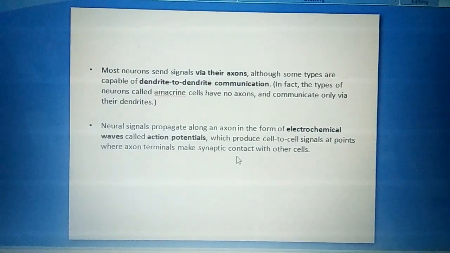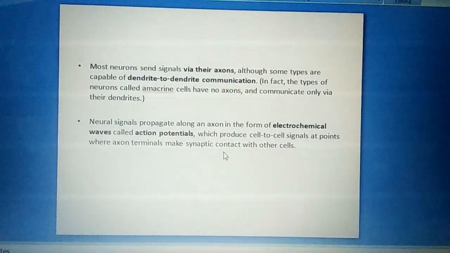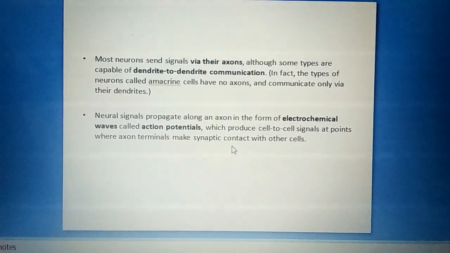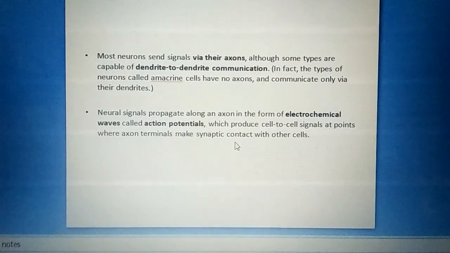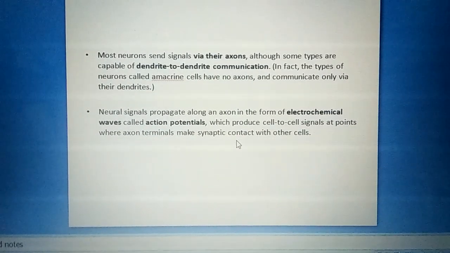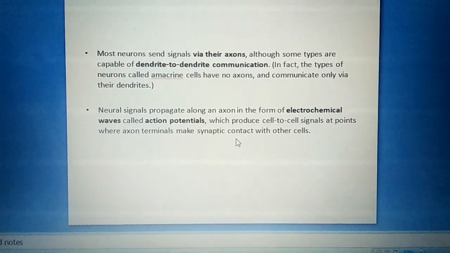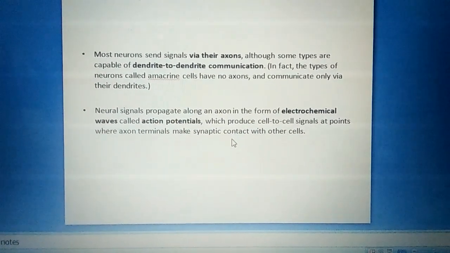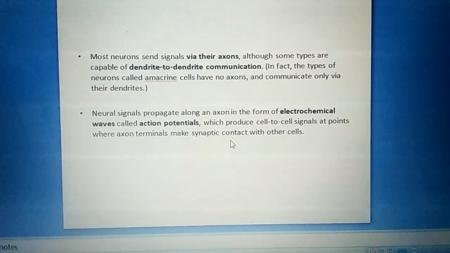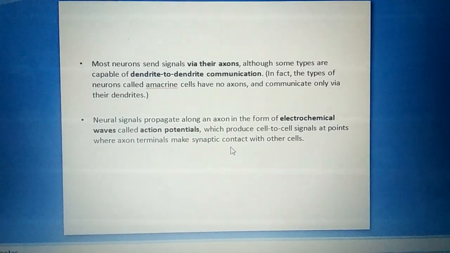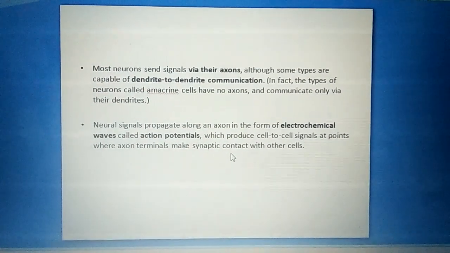Most neurons send signals through their axons, although some types are capable of dendrite to dendrite communication. Neural signals propagate along an axon in the form of electrochemical waves called action potentials, which produce cell-to-cell signals at points where axon terminals make synaptic contact with other cells.